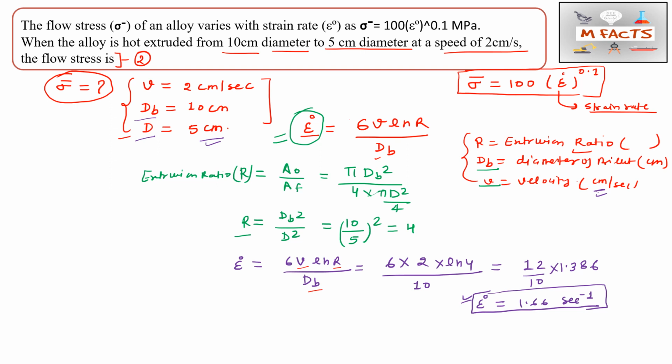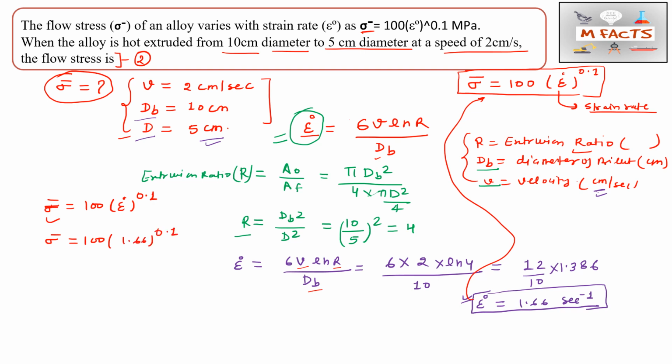So now we will put this epsilon dot value in this equation. Sigma bar is equal to 100 epsilon dot to the power 0.1. We need to find this flow stress, because this is the equation for flow stress, that is sigma bar. So sigma bar is equal to 100, and epsilon dot, now you know, is 1.66, to the power 0.1.